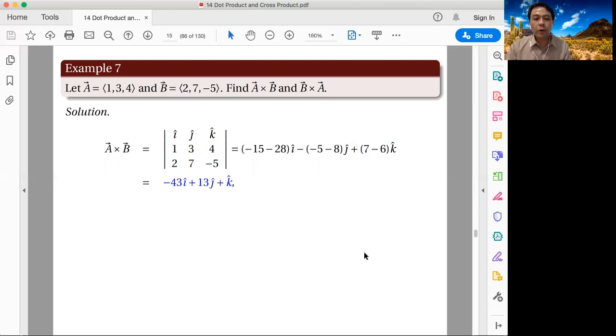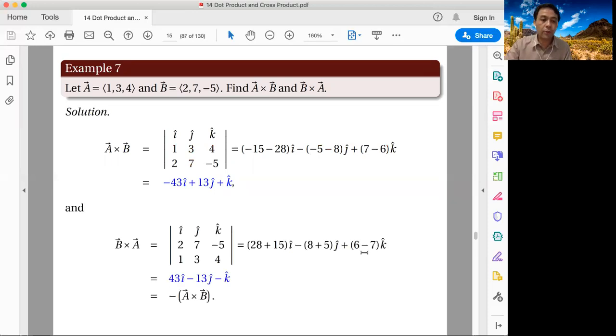Now, how about B cross A? By the theorem, we expect that this will be the negative of A cross B. Okay. Is that really the case? So let's check. If you get the cross product of B and A, you get 28 minus 15, so that becomes a plus 15 there.